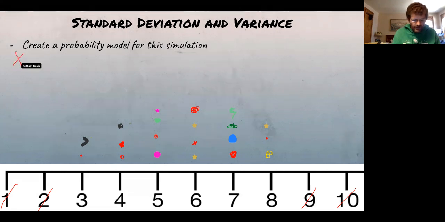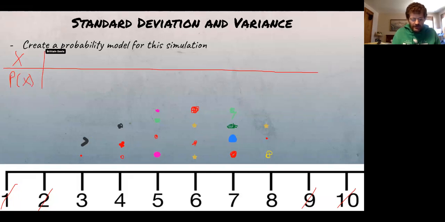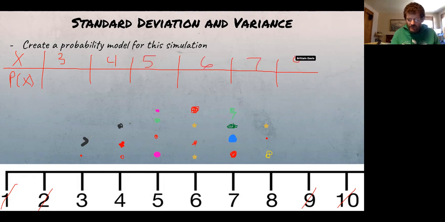We've got X and the probability of X. And now all of the different outcomes that we actually have had happen. We've got 3. Let's see, we got 6 here, so split that up evenly there. So 4, 5, 6, 7, and 8. All right, so in both of my classes, no one got a 1, 2, 9, or a 10.